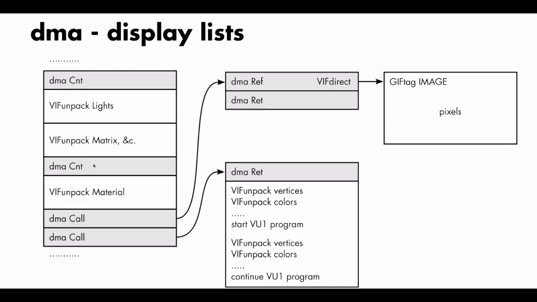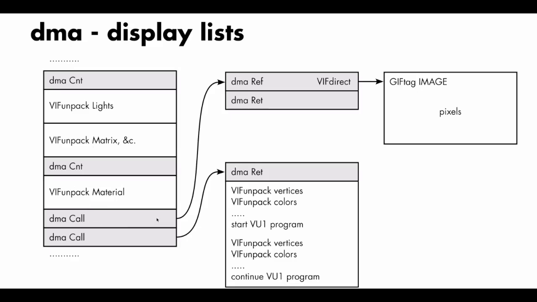And then every object may consist of different materials, which use the same matrix and lights, but have different other properties like color and texture and so on. So you could perhaps think of this being more like a loop here, over different materials. So you unpack your material data, color and stuff like that.